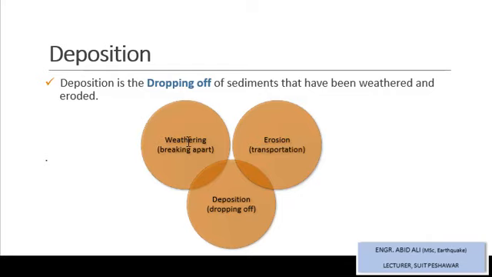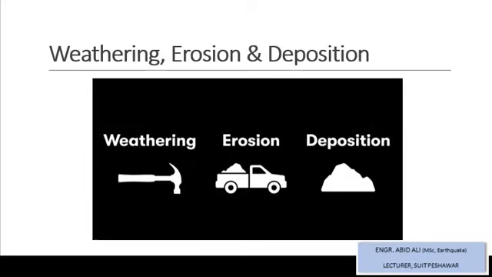So to summarize these three processes, starting with weathering, we know it is the breaking apart of rock, and then erosion, which is the transportation of the sediments, and finally deposition, or the dropping off of those sediments. Another way to think about this is a quick analogy that helps me remember the difference between them: weathering is like a hammer, right?